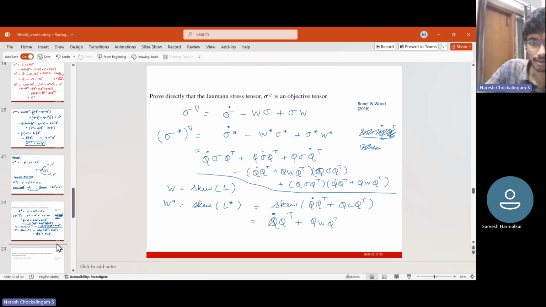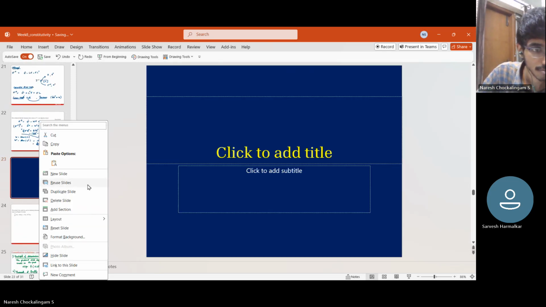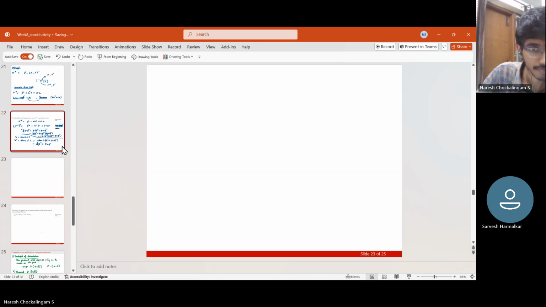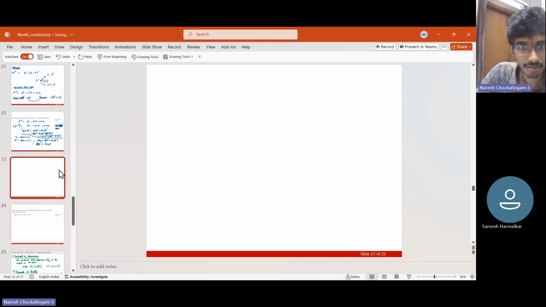Add them all up. Here Q transpose and Q get cancelled, and you get a minus Q dot sigma Q transpose. Let me write it down.